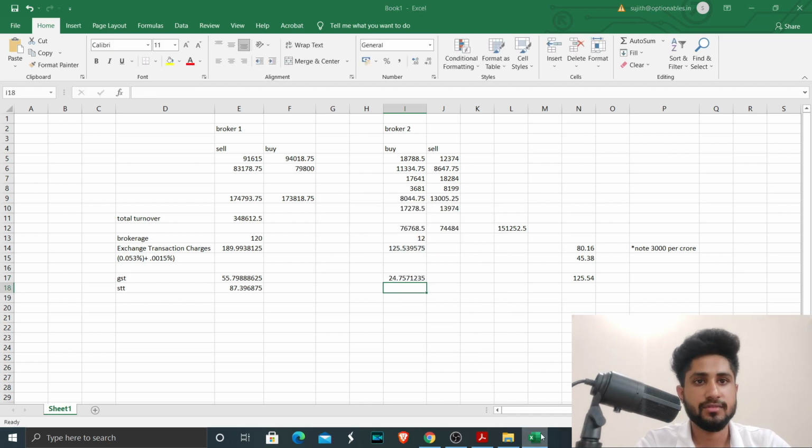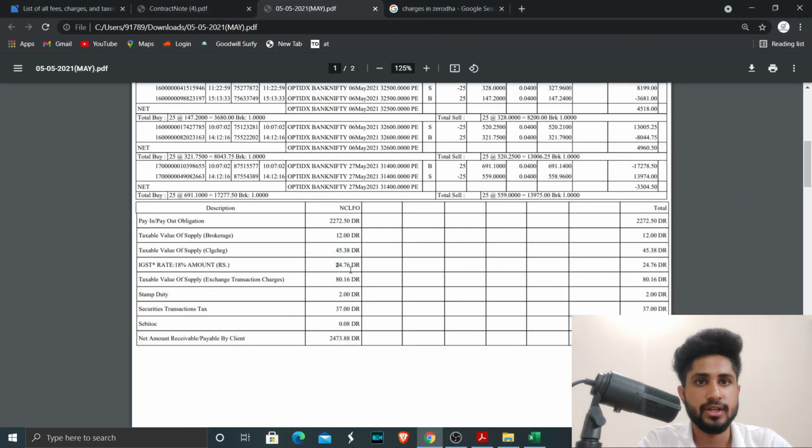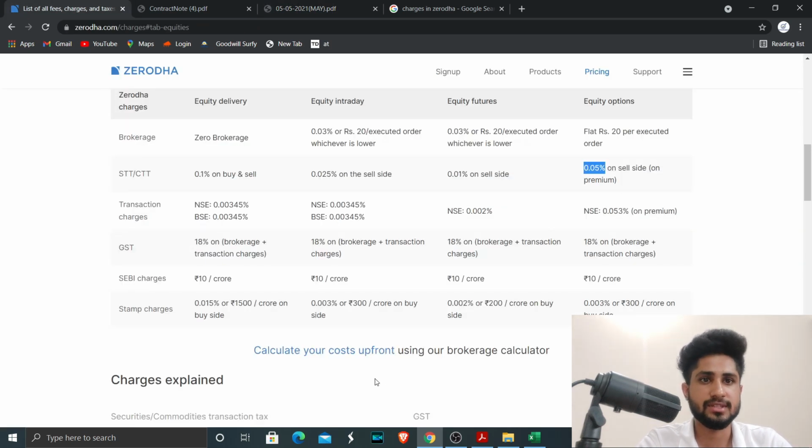So 24.75 is the brokerage, so 24.76. You saw the taxable value. Stamp duty, it is again the same. It will be somewhere around 300 per crore, on the buy side. So buy side will be somewhere around, they round it off, so there won't be any mismatch in those charges.